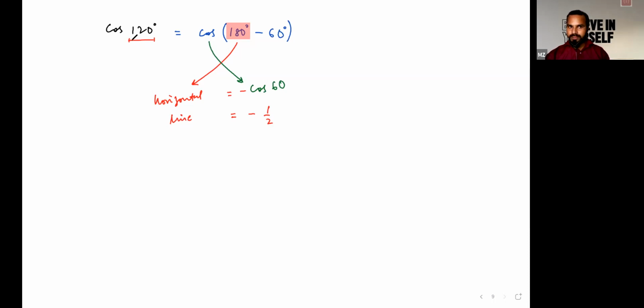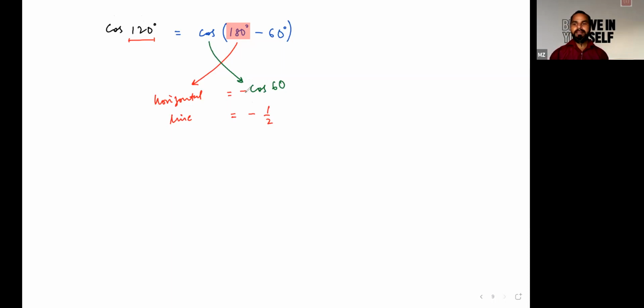So on the basis of this angle, check whether this trigonometric ratio would be positive or negative in that given quadrant. Since 120 degrees must be lying in second quadrant, and cos theta would be negative in second quadrant, that's why I have put the negative sign.